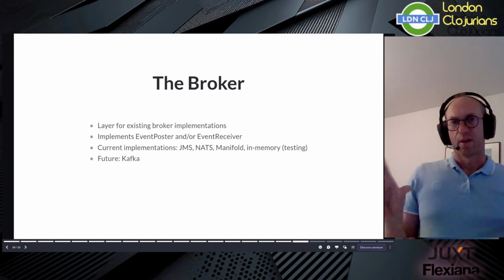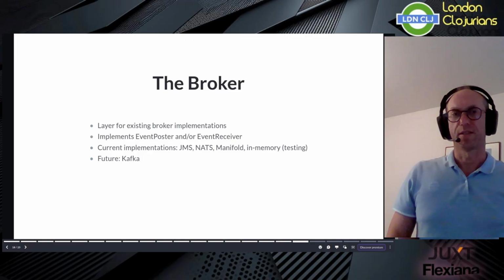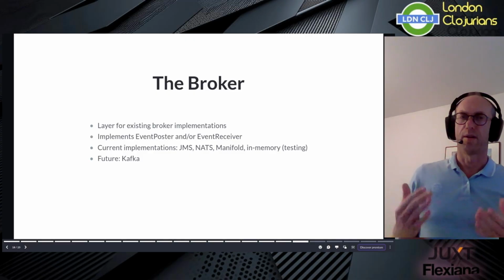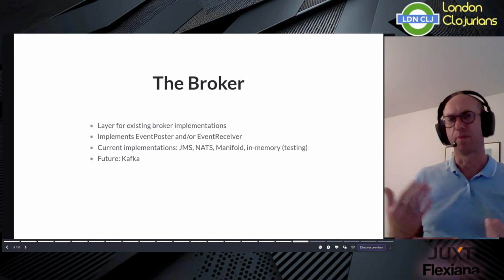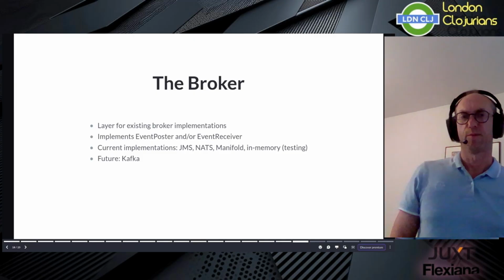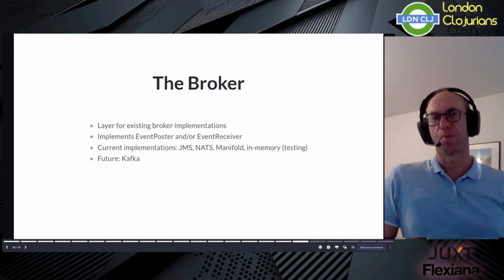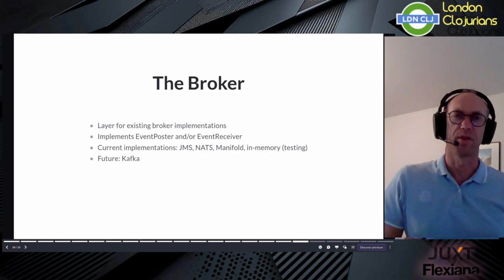So they have regular JMS-style messaging, but there's also a layer that allows for persistence, message replays, and things like that. I've been using it for some time now, and I think it's really powerful.